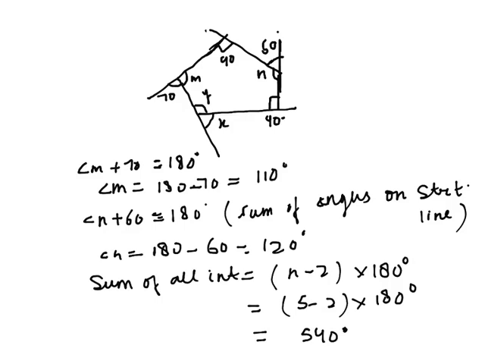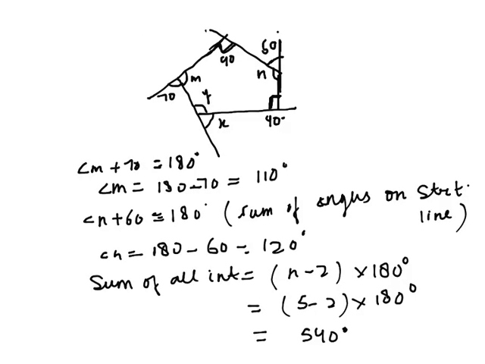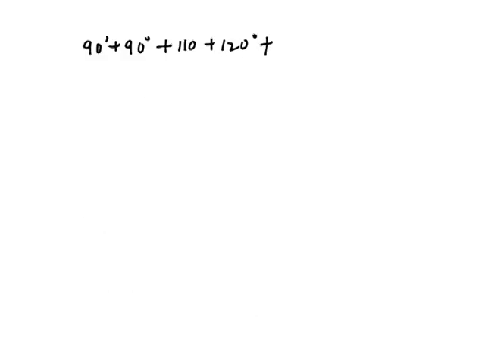Now when we equate it, we have two angles of 90 degrees. This one angle is given as 90 degrees and this angle is given as 90 degrees. So we can write 90 plus 90, and we found the values of m and n. m is 110 and n is 120. And we have to find the value of the fifth angle, that is y.